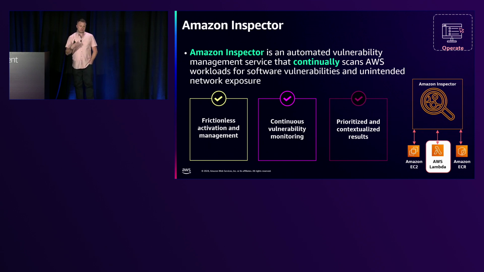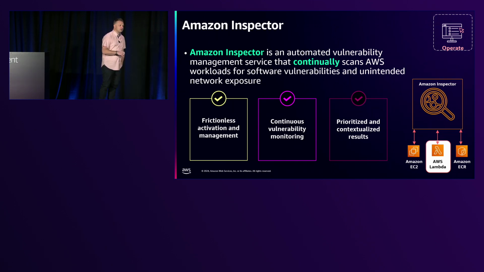And so what we have now is this ability to continuously monitor wherever you run compute. This could be in EC2, this could be in Lambda, this could be in containerized workloads with ECS or EKS. And so in all of these cases, we're able to quickly and easily turn on Inspector and configure it for which of those different compute types we like to run our workloads in. And the other nice thing is that once you turn this on in your organization or in your account, you get very clear, contextualized details when a vulnerability is found.